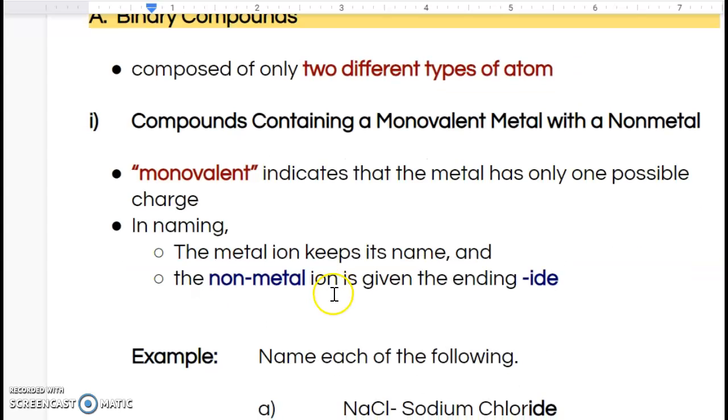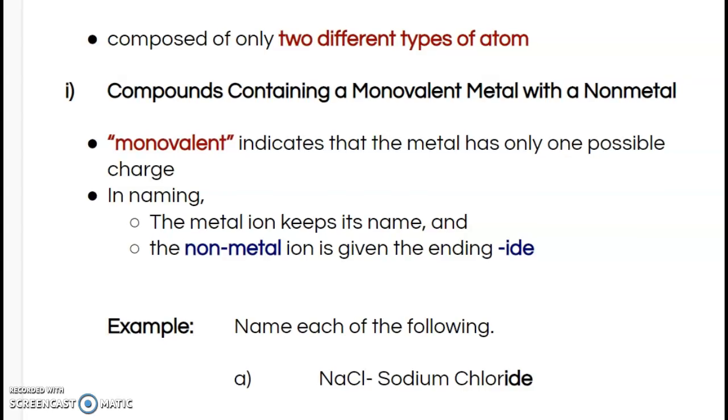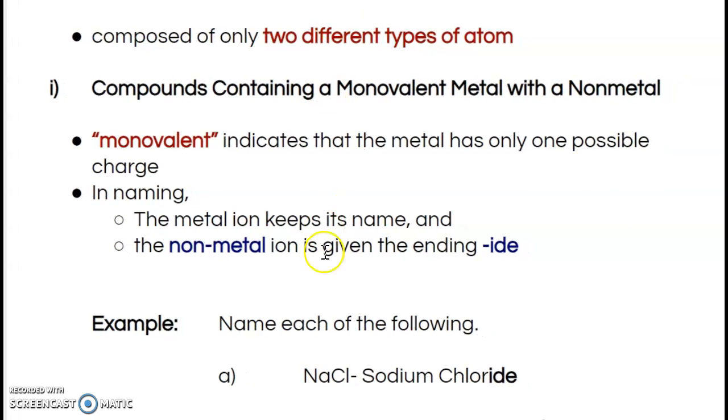In naming, the metal ion keeps its name, such as sodium, magnesium, calcium. The non-metal ion is given the ending IDE. Again, we've talked about that with the ionic compound lesson. Just remember that the IDE is given to the non-metal.